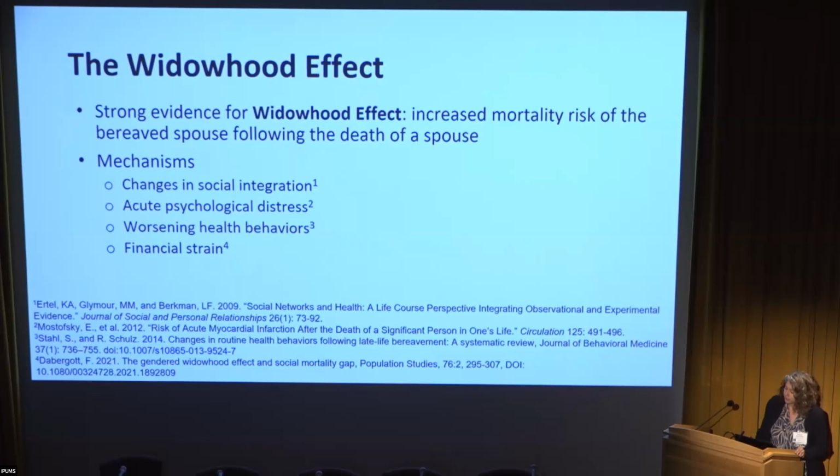There are several mechanisms that may explain the relationship between spousal mortality and poorer health and increased mortality risk for the bereaved spouse, including the weakening or loss of social ties leading to social isolation, worsening health behaviors such as poorer diet quality, more smoking and or drinking, and less physical activity, acute psychological distress that manifests in worsening physical health, particularly in an increased risk of cardiovascular events, and financial strain due to a possible decline in income or wealth following the death of a spouse.